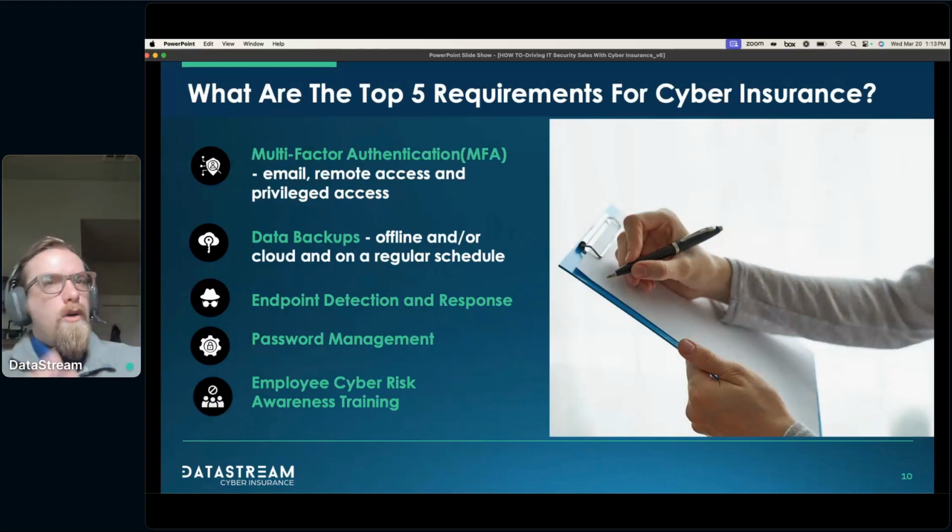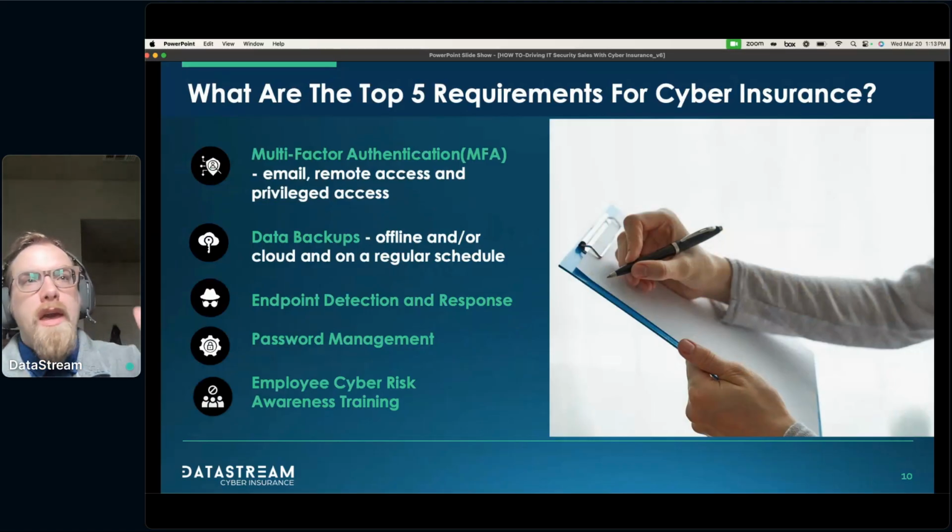So I also wanted to touch on some of the requirements, just to give you an idea of what the majority of these carriers are looking for. Again, it's an unstandardized market, so technically all of these carriers have their own set of requirements. But these top five at least give you strong access to a good portion of the market.